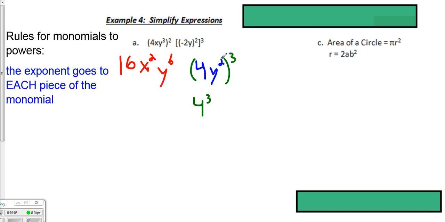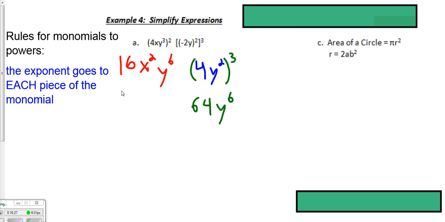Y, instead of just to the 2, it's to the 2 times 3. Y to the 6th then. And 4 to the third power, so 4 times 4 times 4, is actually going to become 64.